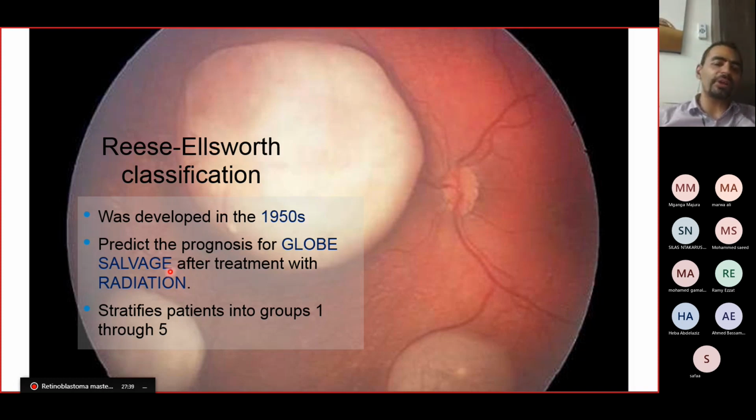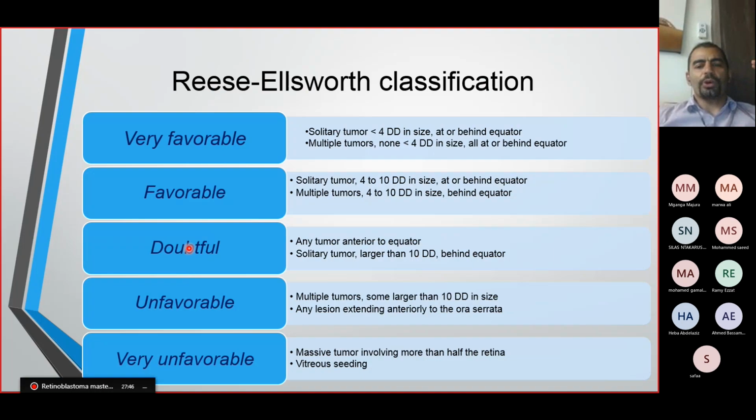So can we preserve the globe, or will we need to go for enucleation? It has several grades extending from the very favorable to the very unfavorable.